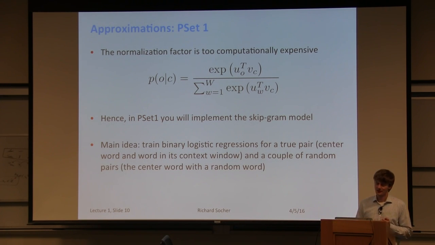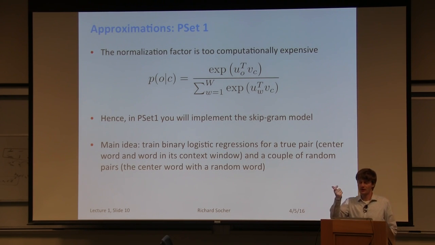And the main idea will be that instead of having one softmax where we try to penalize and basically lower all the probabilities for all the words that don't happen to appear, we'll actually only look at the true pair of a center word and its context word, and then we'll look at a couple of random other words, a small set, maybe 10 or 20, and we just push those down.